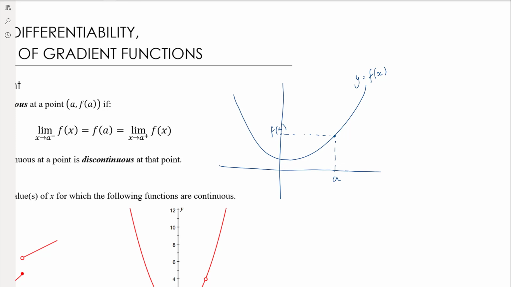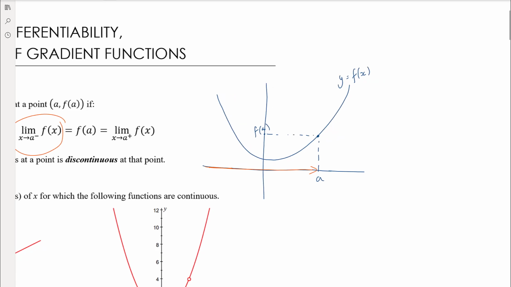Okay, so the idea of the left-hand side here, so the limit as x approaches a, and that little negative in the superscript, means that we're looking at the limit of the function, the limiting value of the function, as x gets closer and closer to a, but as it does so from below a. Okay, so as x approaches a from below.